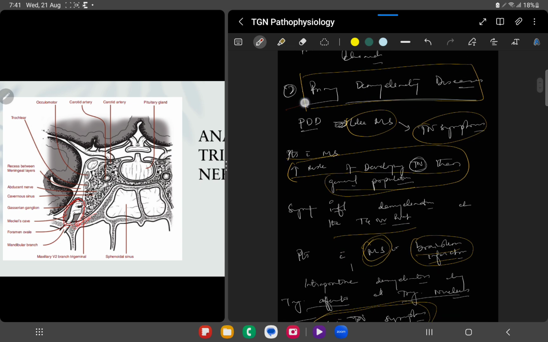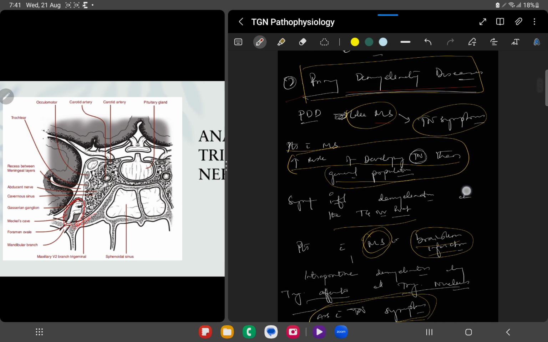Now we will go to the second subheading, that is primary demyelinating diseases. When we talk about this, we can think about multiple sclerosis or the T cell mediated immunity that is acting in this disorder.